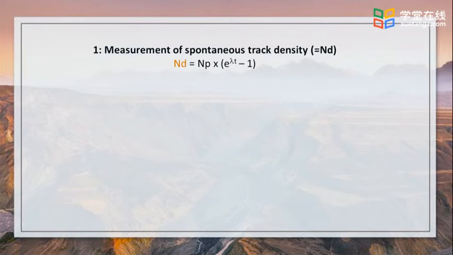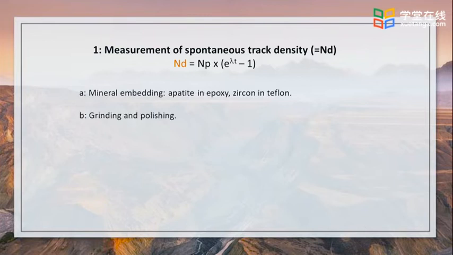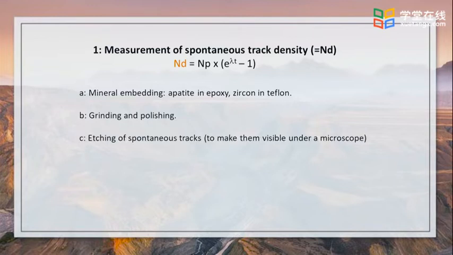It starts with mineral mounting, apatite in epoxy and zircon in Teflon, followed by grinding and polishing. Since latent fission tracks are generally only between 3 and 14 nanometers in width and can only be observed under a TEM, an etching process is used to reveal the tracks and make them visible under an optical microscope with high magnification.